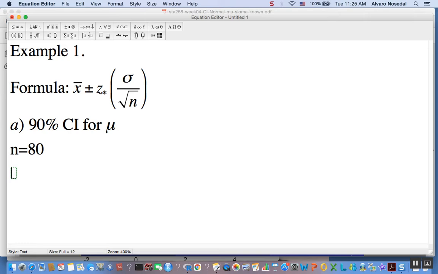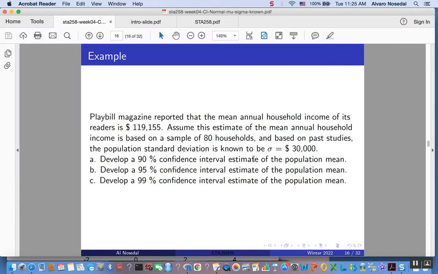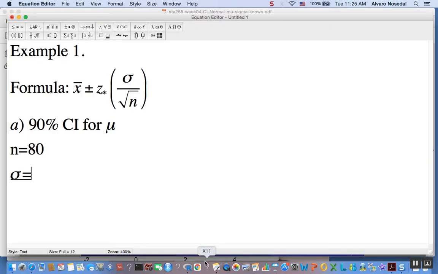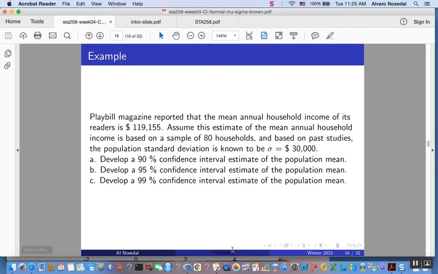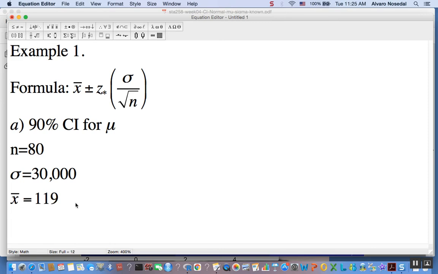Sigma is 30,000. And we have a sample mean of $119,155.